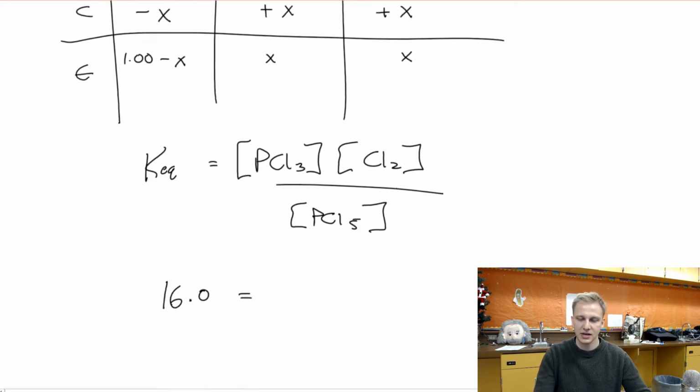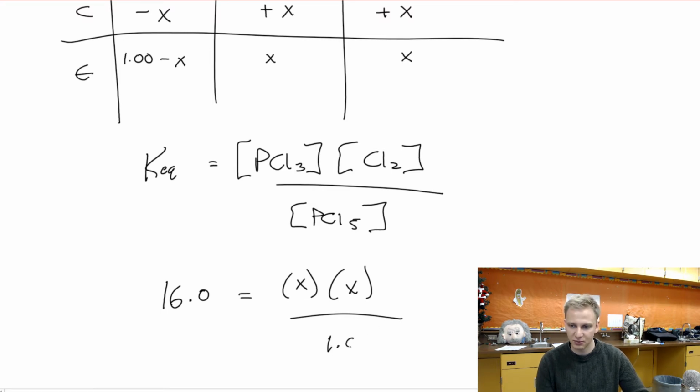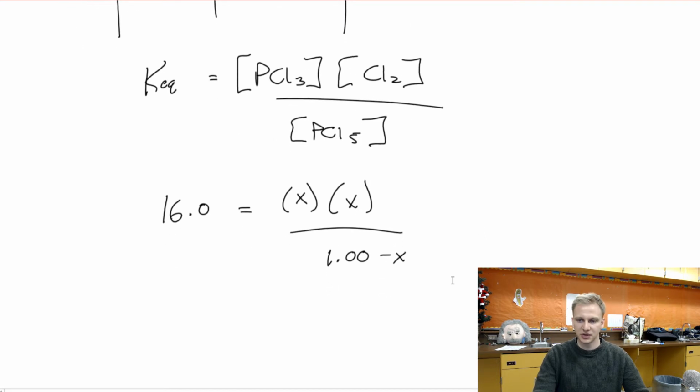On top we'll have x times x. Oops, I don't need the square, just times x. Along the bottom of this equation, we'll have the filled-in value for our PCl5, which is 1.00 minus x. You can see we're close to being able to use the perfect square formula again, but unfortunately, this 1.00 minus x is not a perfect square.